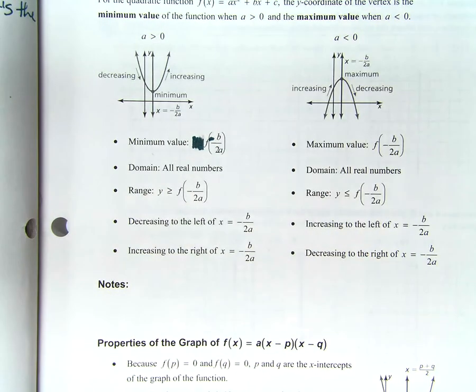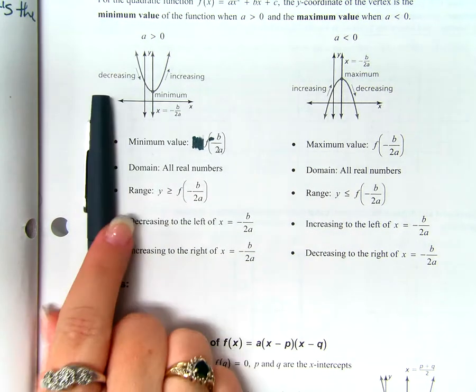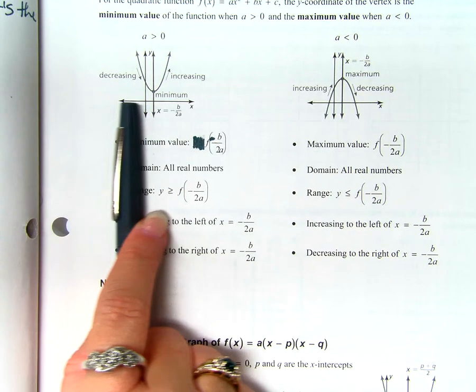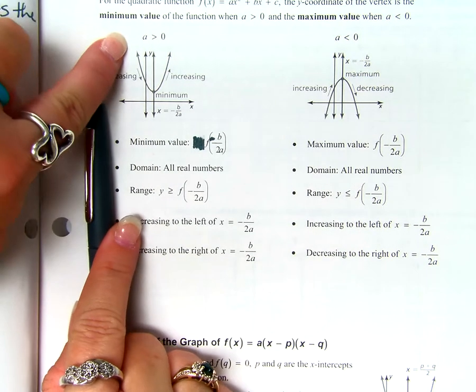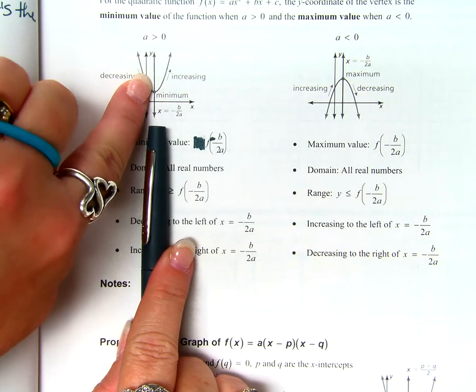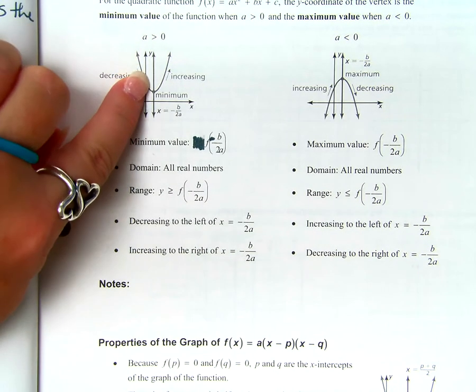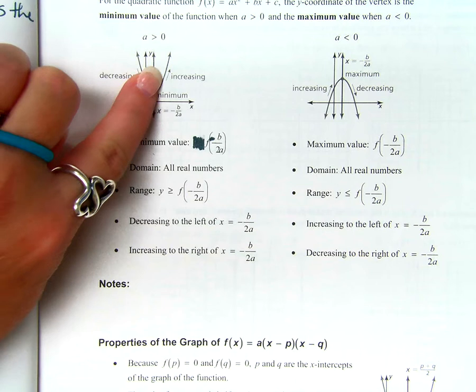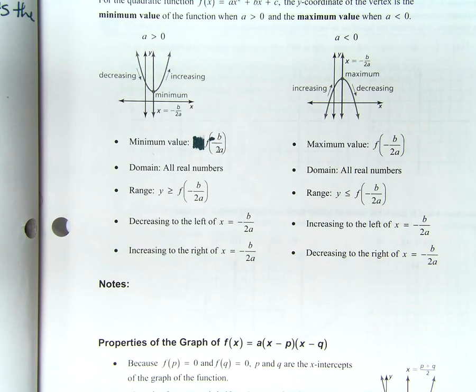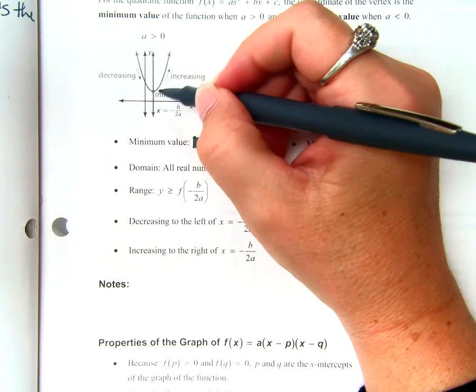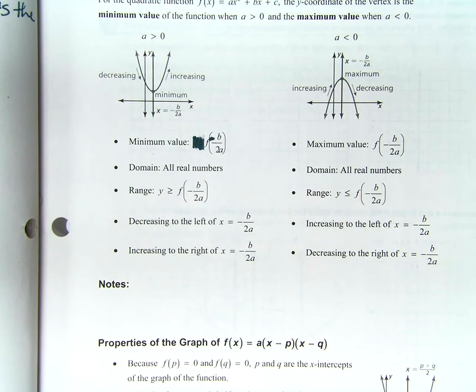But if we're reading left to right, because most of us read left to right, what's happening as I move left to right? It's decreasing, and it decreases until it gets to the vertex. And then it increases. Another way you could know that is because of the arrows. Any questions about that?